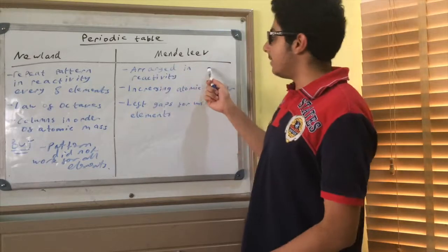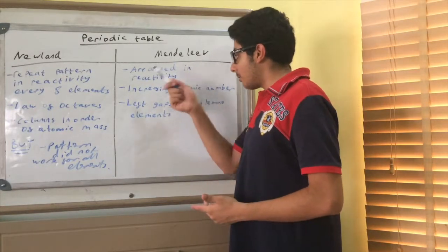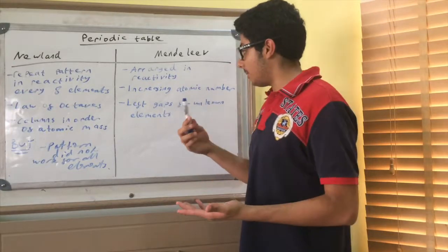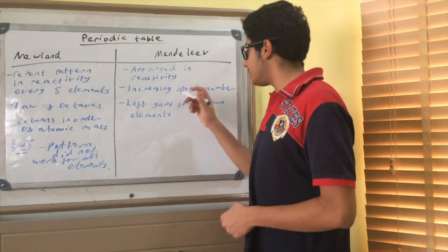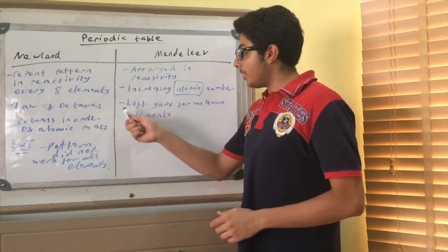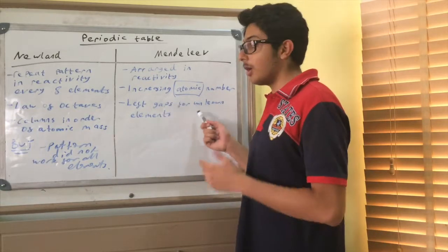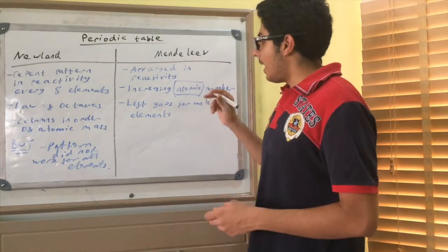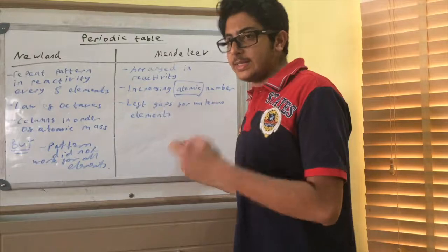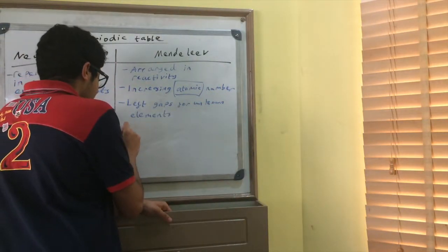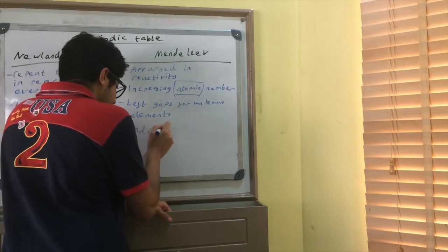And now with Mendeleev, he also arranged it based on the reactivity of the elements, but this time in increasing atomic number. And the main thing is he actually left gaps for unknown elements that were not yet discovered. And he predicted the properties of these undiscovered elements based on their position in the periodic table.